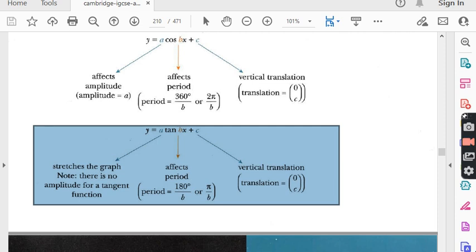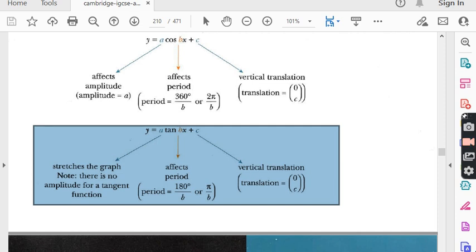This is the general equation of the tangent function: y equals a tan bx plus c. What is this? What is a? Kindly keep in mind, unlike sine and cosine, a does not represent the amplitude, because the tangent function has no amplitude. But then what is a?